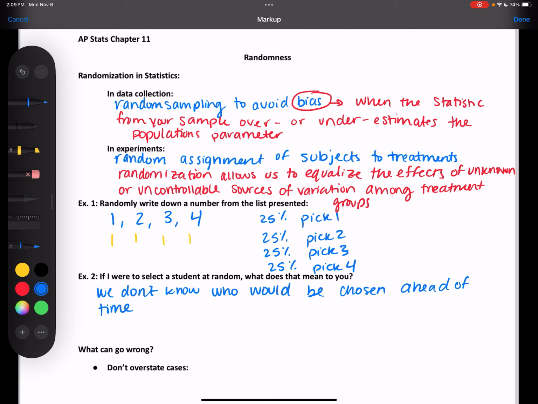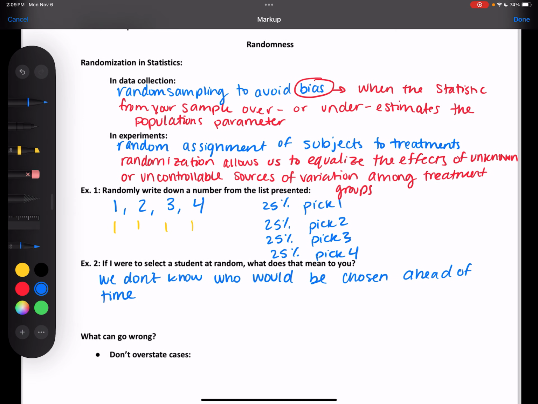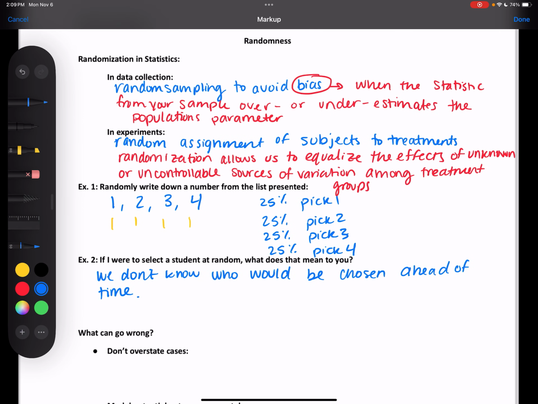I haven't already decided in my head that I'm picking Peyton, right? It's going to be completely random when I draw a Sharpie out of my hand that represents one of you. Each student has an equal chance of being selected.